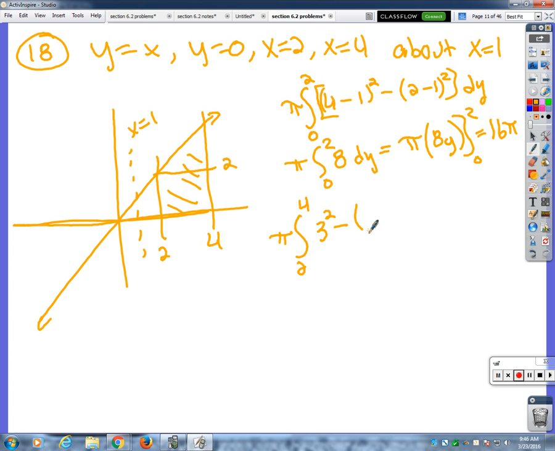That's just x equals y, so it's y minus the axis of rotation, squared, dy. So I have pi from 2 to 4 of 9 minus, if I FOIL this, y squared minus 2y plus 1.